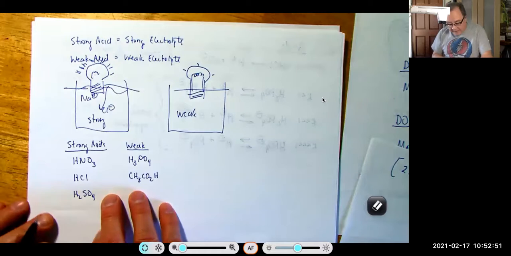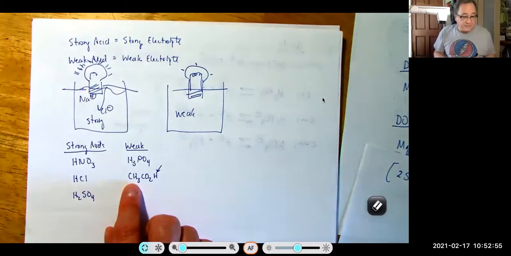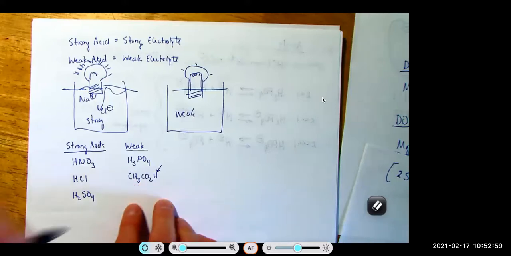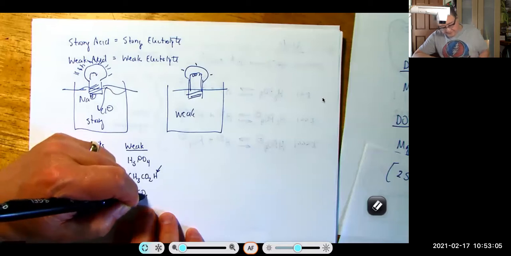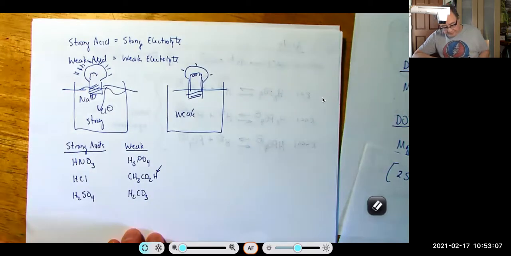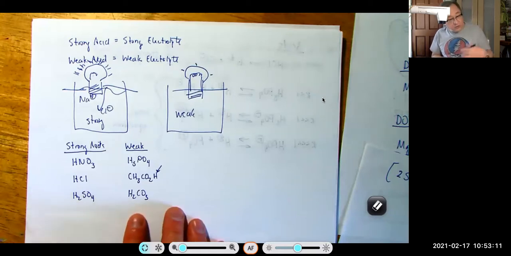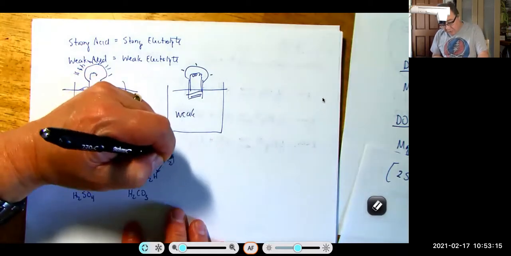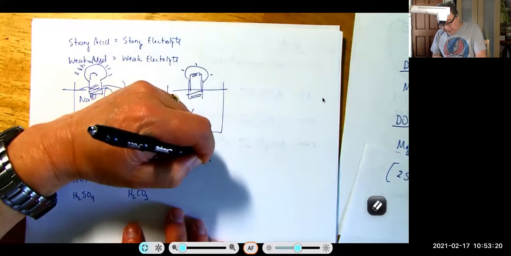Here, this is the only one that comes off, though. These three do not. Okay. So this is a weird one. H2CO3. These are weak electrolytes. Also, here are some more weak electrolytes. H2PO4 -1, HPO4 -2.